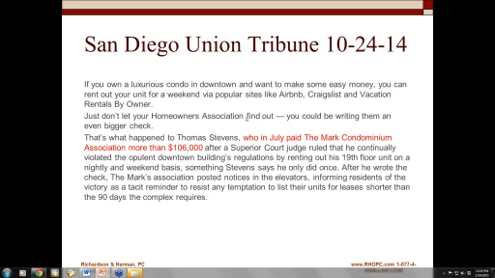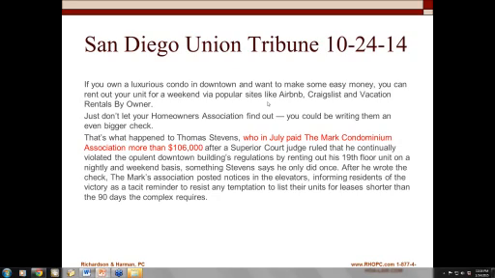Technology, there we go. Interesting article in the San Diego Union-Tribune from October 24, 2014. And this is a quote from that article: "If you own a luxurious condo, you might want to make some easy money, but don't let your HOA find out."